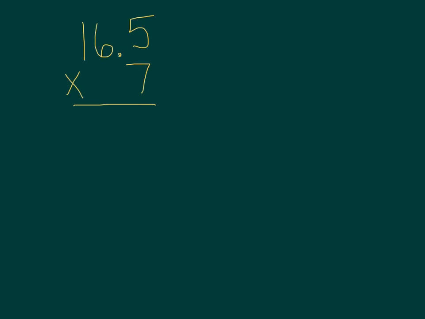Okay, so now we're going to work on solving our problem. Before we solve the exact problem, we're going to solve the estimate. So we're going to write estimate off to the side. 16.5 would round up to the nearest whole number of 17, because if we underlined the whole number, which is 6, and looked at the 5, it would make the 6 go up to a 7.